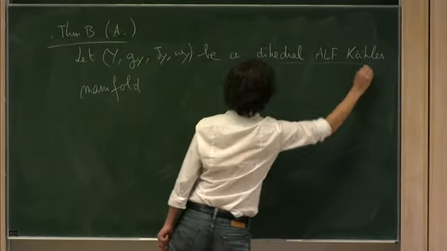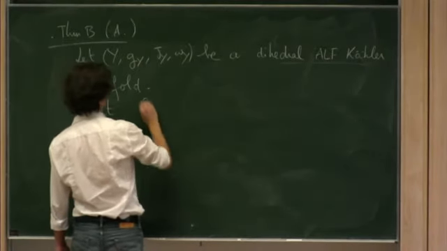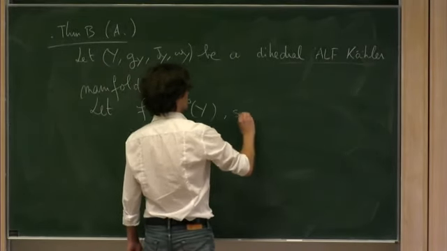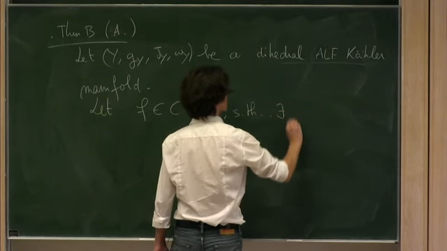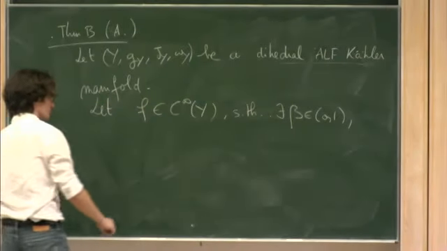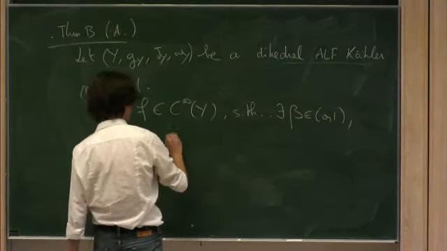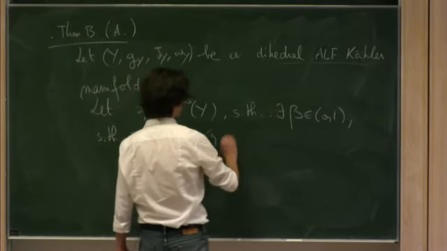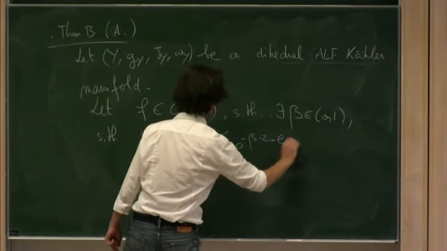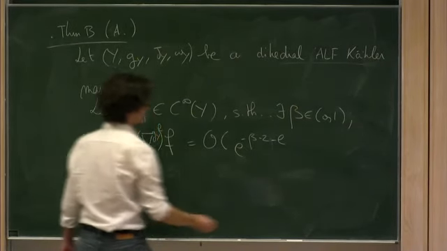I come back to that after the statement. And let f be a smooth function on Y with some decay as follows, such that there exists some positive beta smaller than 1, such that f decays as rho to the minus beta minus 2, and similarly for its derivatives at any order.